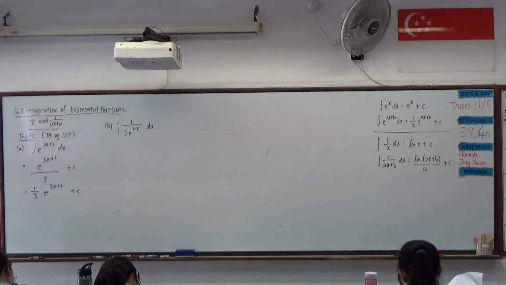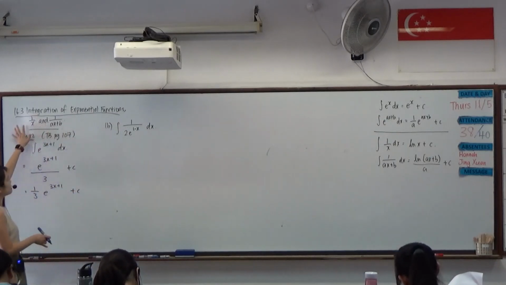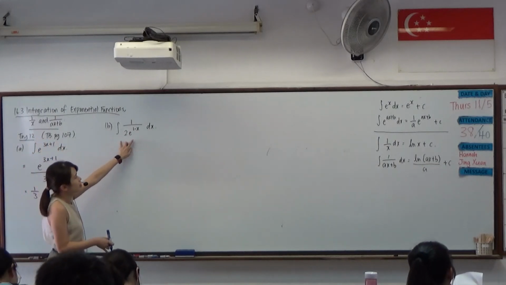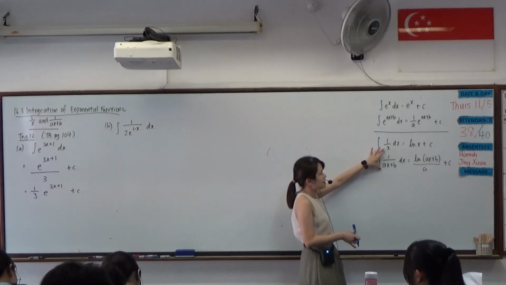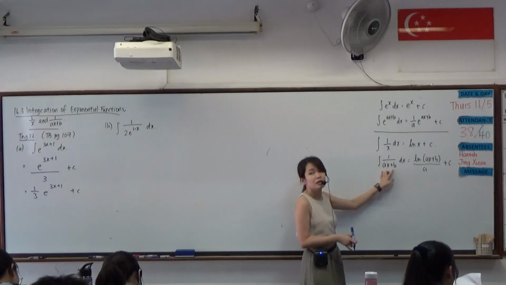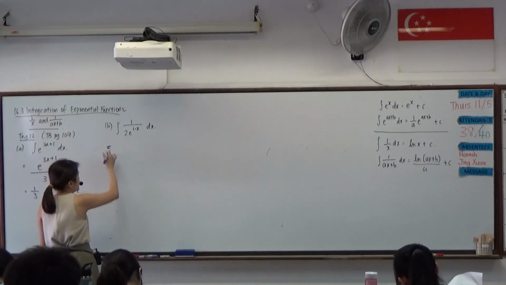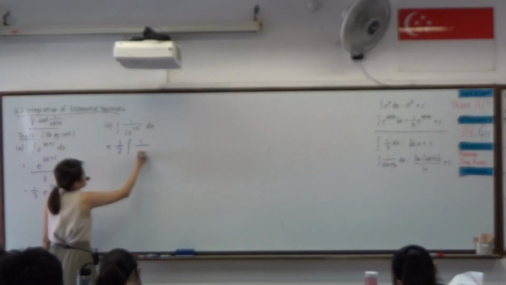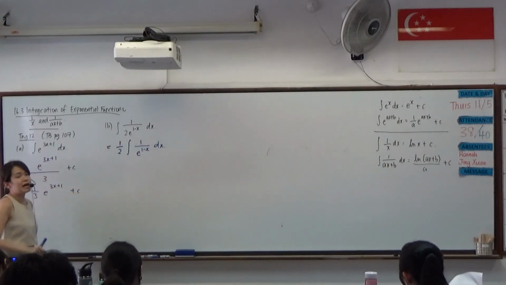Over 2e to the power 1 minus x. Well yes, it does look something similar to a reciprocal function. I want us to observe that the denominator is exponential. It is not satisfying either one of these conditions, whereby it is either an x or linear function. So in this particular case, you could rethink about it by seeing it as half of the integral of e to the power 1 minus x dx, where I take the half out.